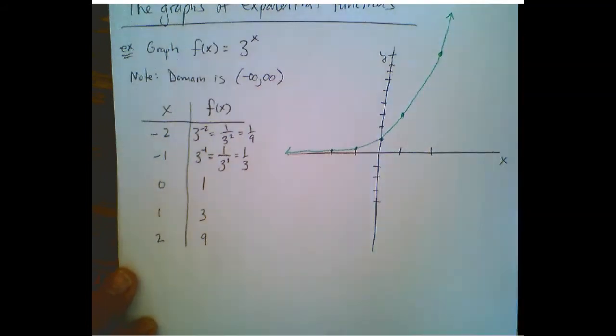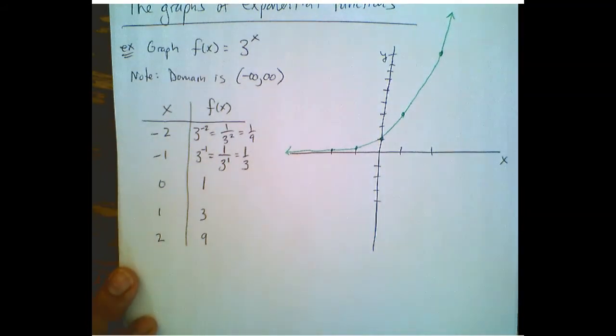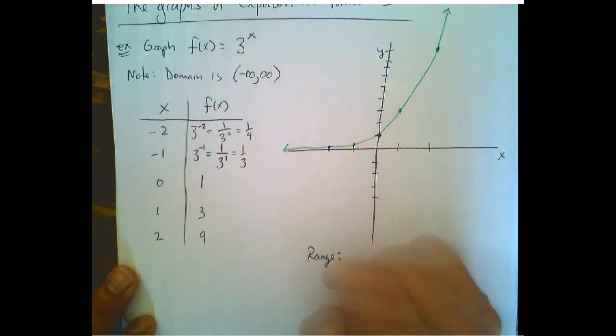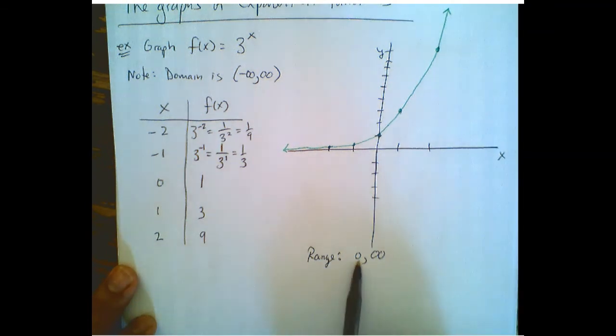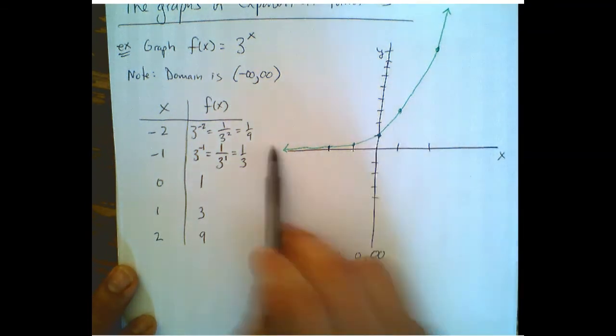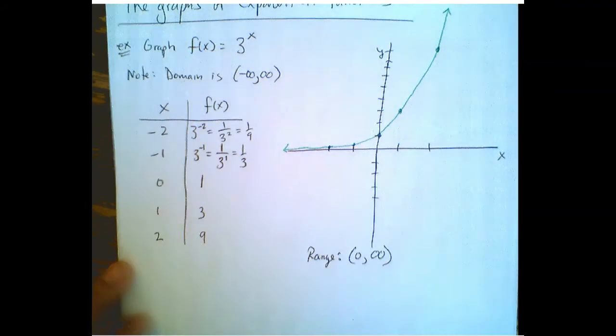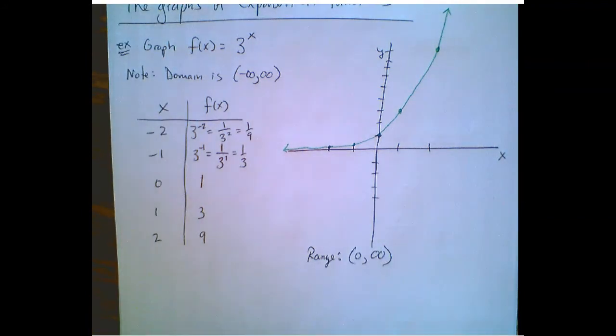So here, the domain is all reals, but the range of this guy is from 0 to infinity, right? And not including 0, because this guy's never going to hit that axis. It's always going to be just some really small positive. So the range of this thing is going to be 0 to infinity.